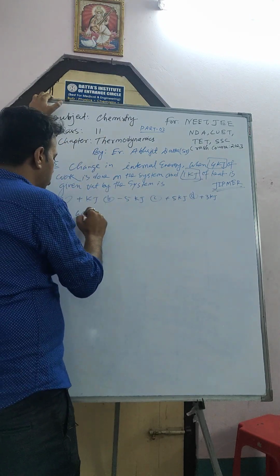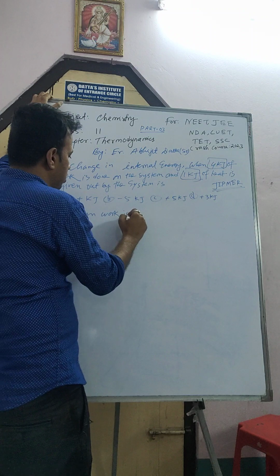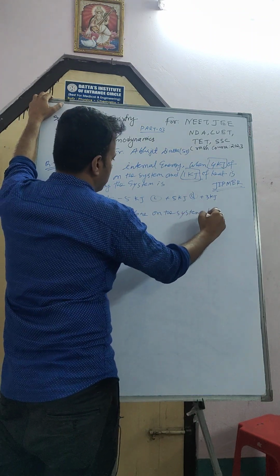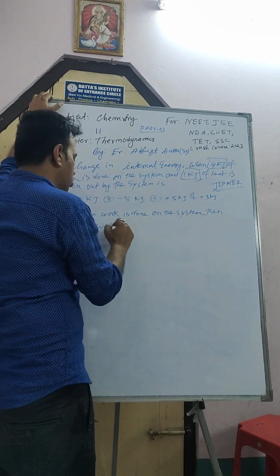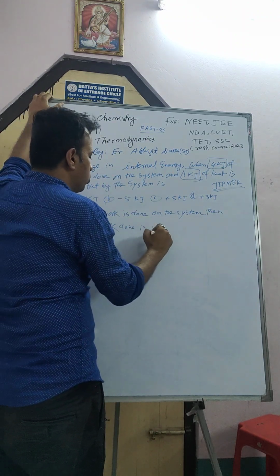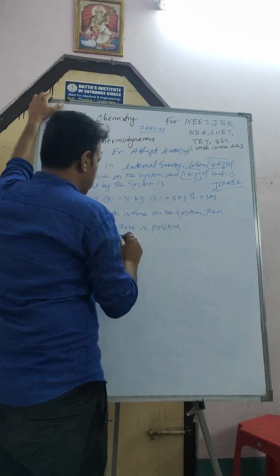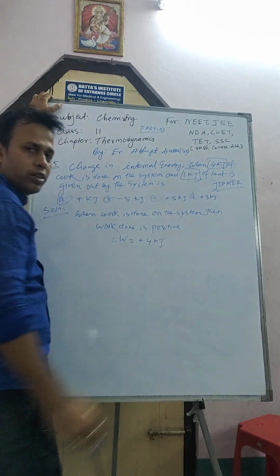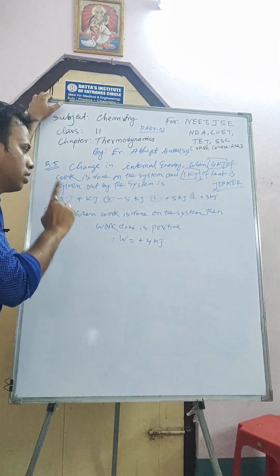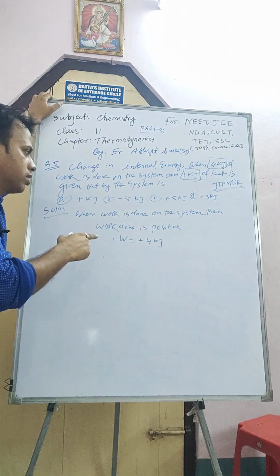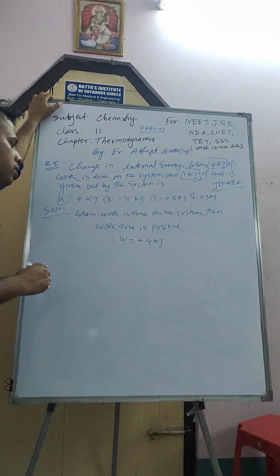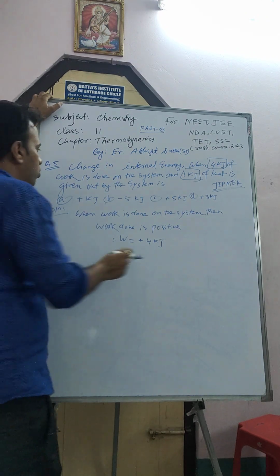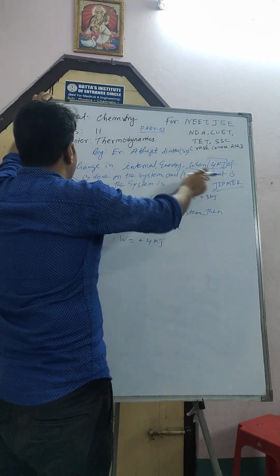When work is done on the system, then work done is positive. So W is equal to plus 4 kilojoule.